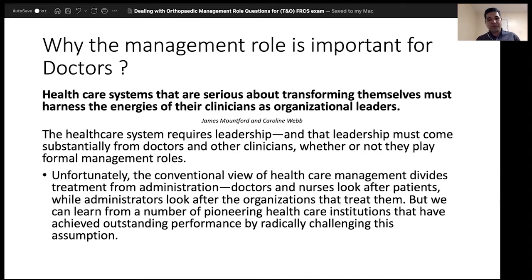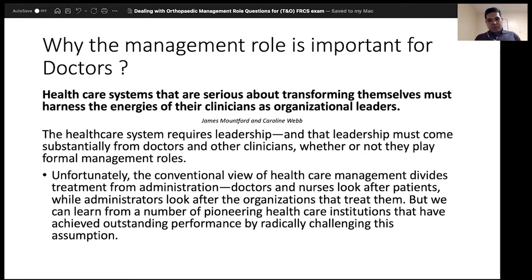You have to be a leader. That is why being involved in management courses or leadership courses is mandatory before finishing your training. You have to learn how to manage, and you have to get the skills for the management role in your institution.